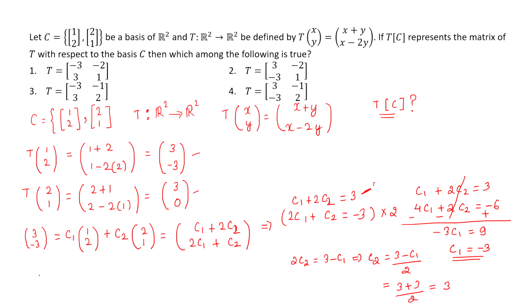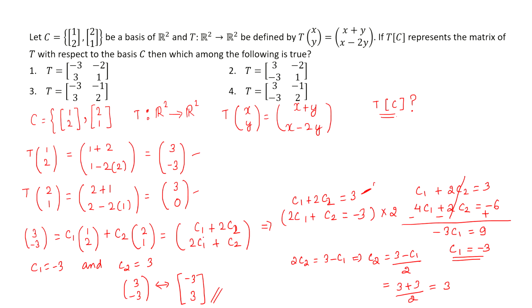So we have C1 = −3 and C2 = 3. Therefore, the coordinate representation of (3,−3) with respect to the basis C is (−3, 3).